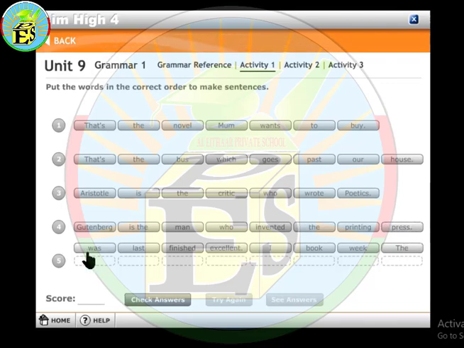Last one: was, last, finished, excellent, I, book, week, the. Begin with the.